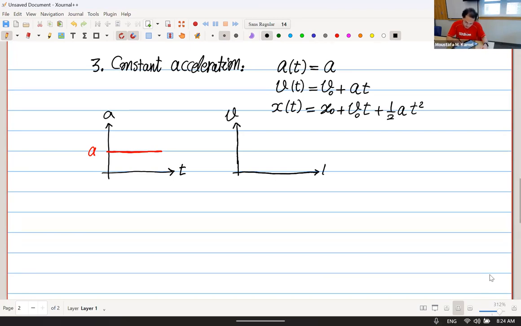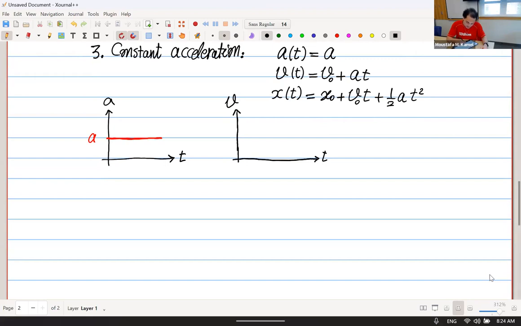Velocity versus time. At t equal to 0, it's v naught. This point is v naught. At t equal to 1, it is v naught plus a.